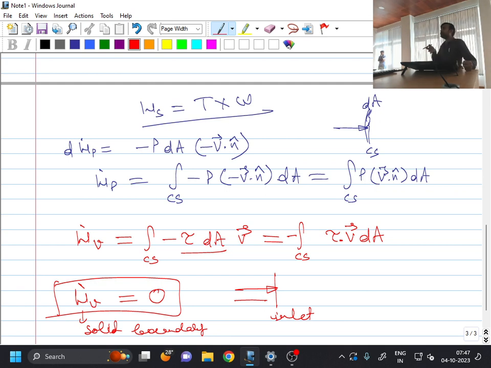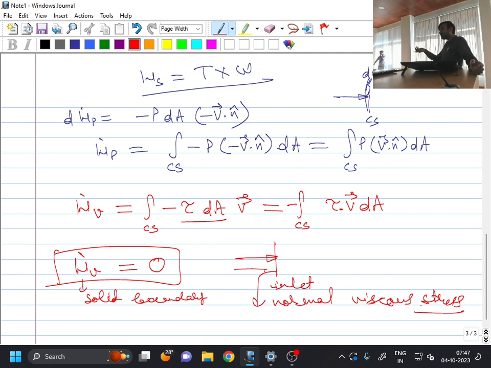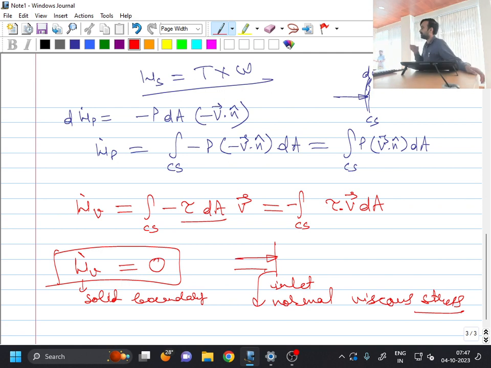The stress tensor component parallel to this velocity will be nothing but the normal viscous stress. So we have shear viscous stress, and similarly we have normal viscous stress also.